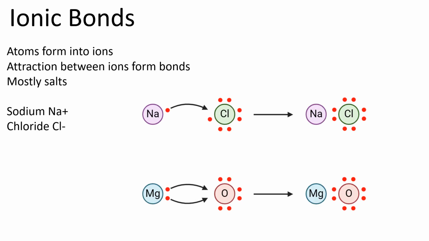Ionic bonds are exactly what they sound like, the attraction between a cation and an anion. It's like, I don't want to hold your hand, I just want to sit next to you. In this picture here, we have the ionic reactions that make these two salts, sodium chloride and magnesium oxide. So this here is sodium chloride, and this is magnesium oxide.